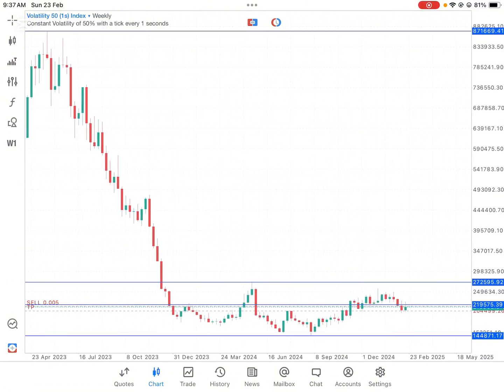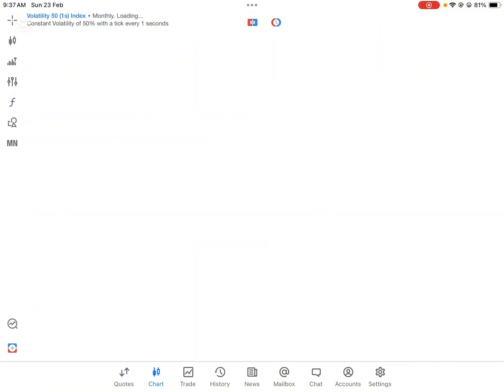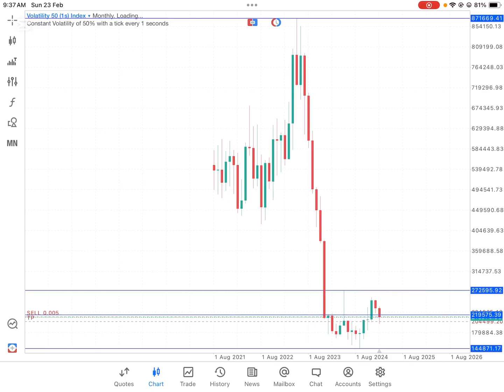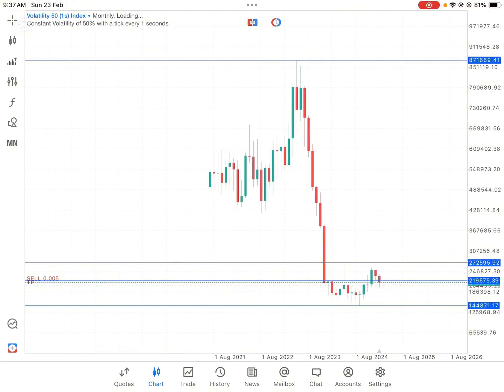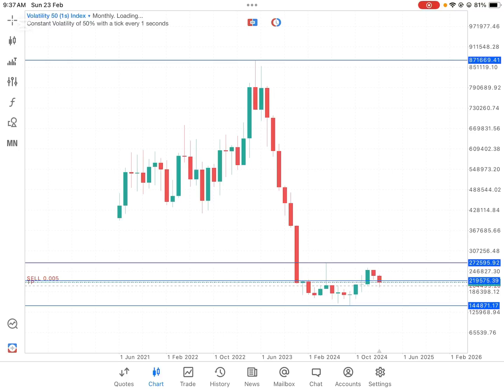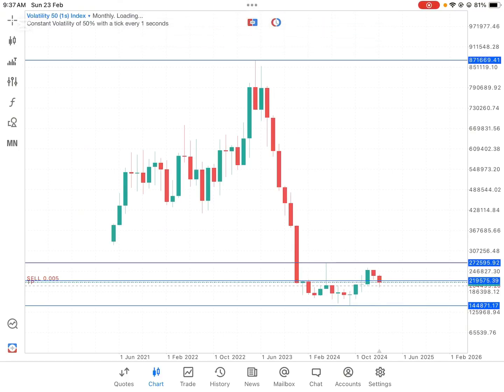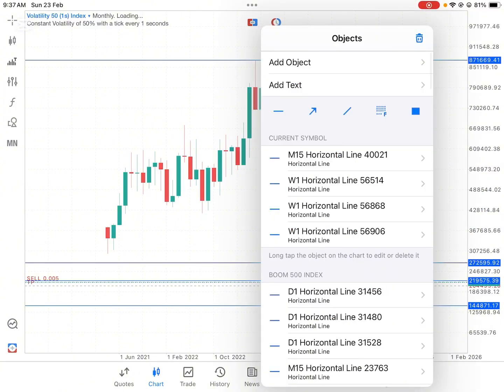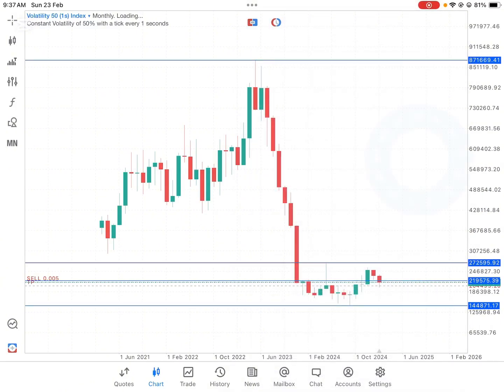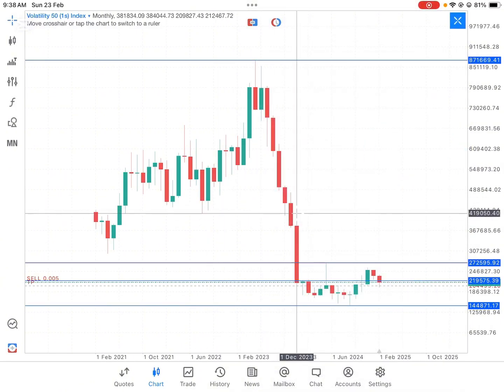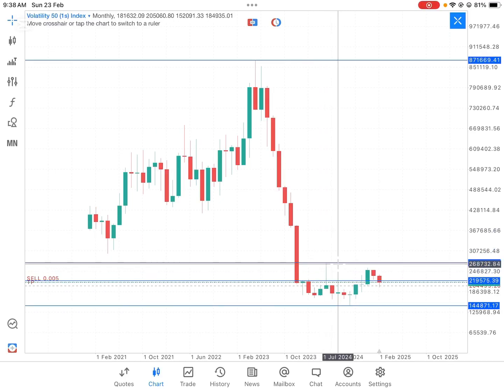Deriv. If we go to the monthly time frame, can you see it? So now what we are anticipating is this. We want to see price breaking this area.